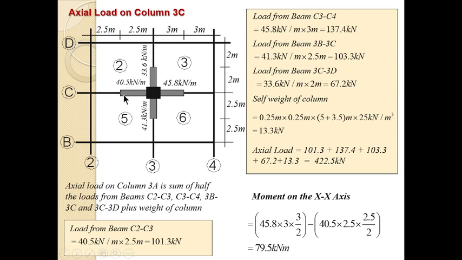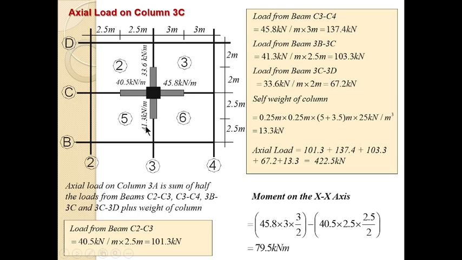You can see this beam is carrying half of the load, this beam is carrying half, this beam is carrying half, and we have analyzed all these beams to find the load they are carrying. This beam is carrying 40.5. This one is carrying a UDL of 33.6. This one is carrying 45.8.